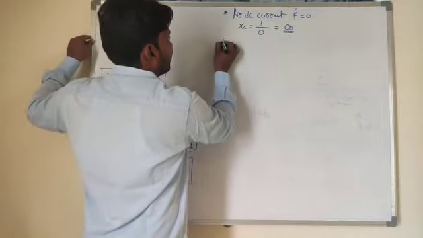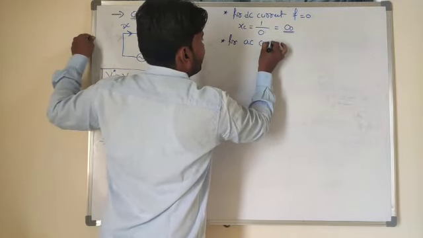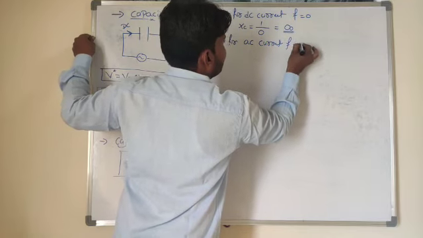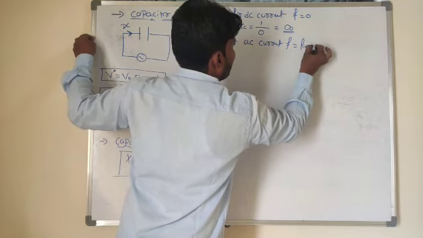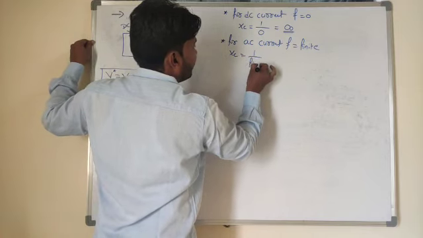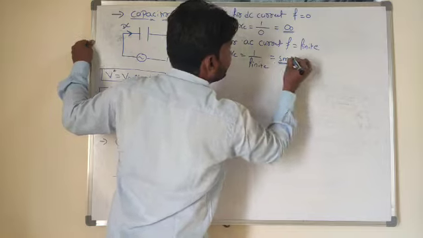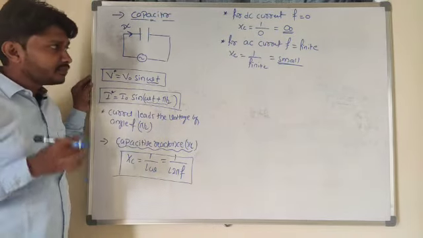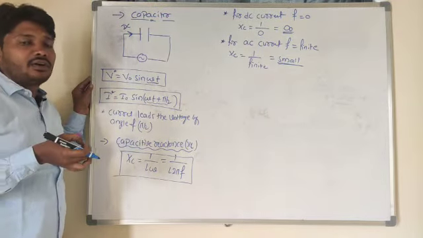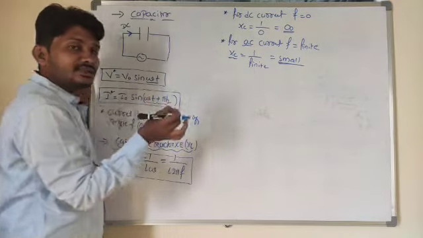For AC current, look here. AC current has a certain finite frequency value. So X of C is equal to 1 by finite, and 1 by finite means you will get a small number here. So it means the opposition offered to the flow of AC current in the case of a capacitor is very small.